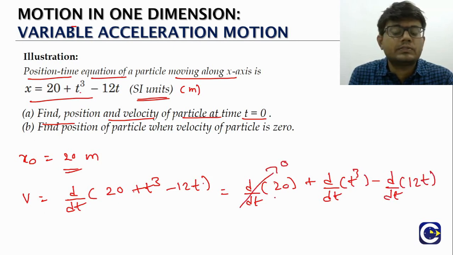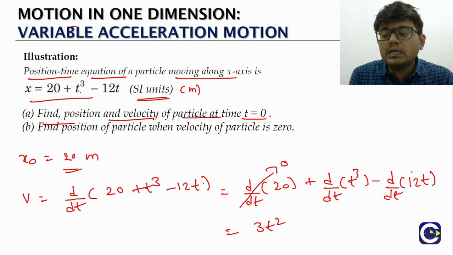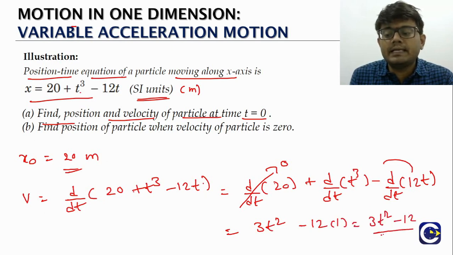Derivative of 20, a constant, is 0. Derivative of t cube is 3t square. Here 12 is a constant, comes out. Derivative of t will be 1. So it is 3t square minus 12. That is the velocity function.